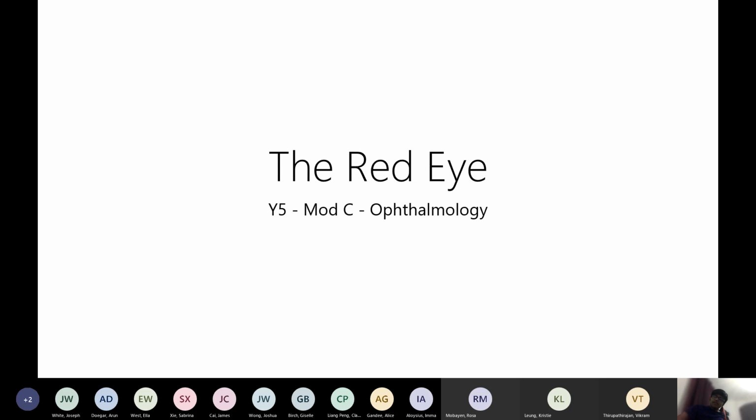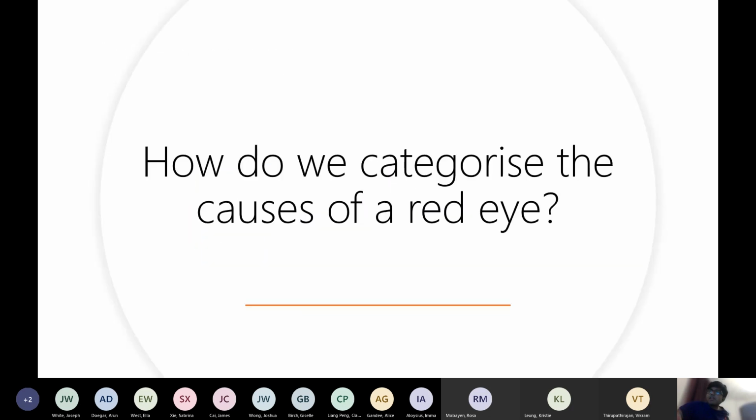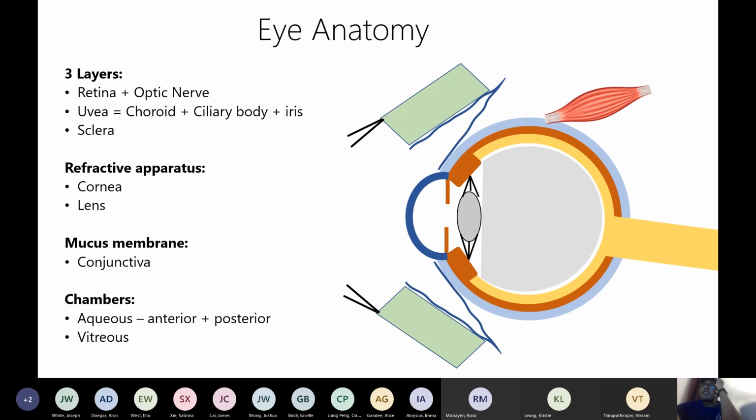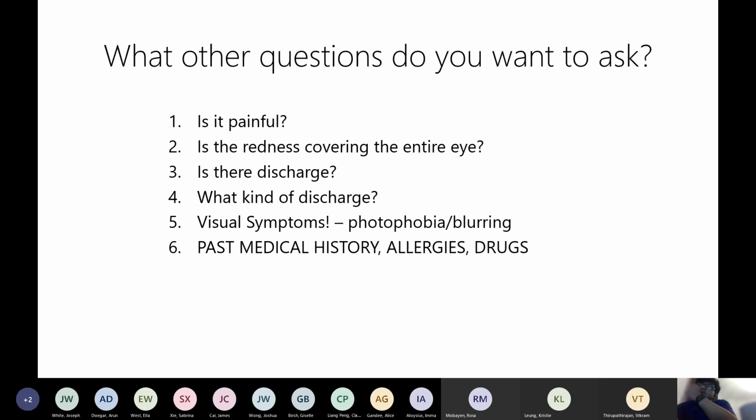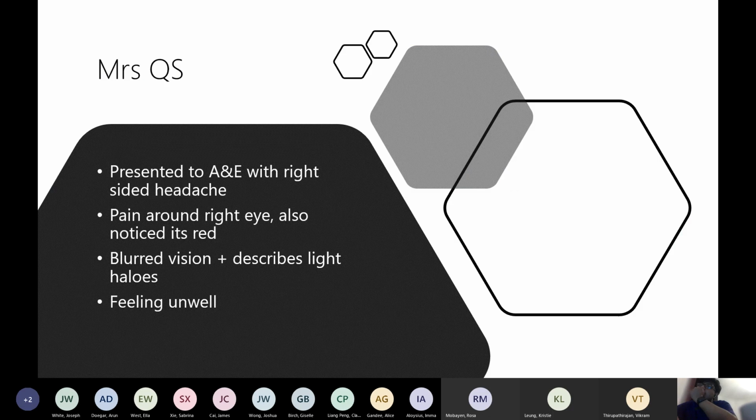Fine. So what other inflammatory eye things can you think of while I catch up on slides? So we mentioned three things that can also get inflamed in the eyes. What were they?